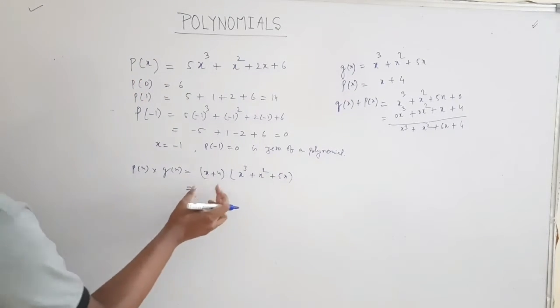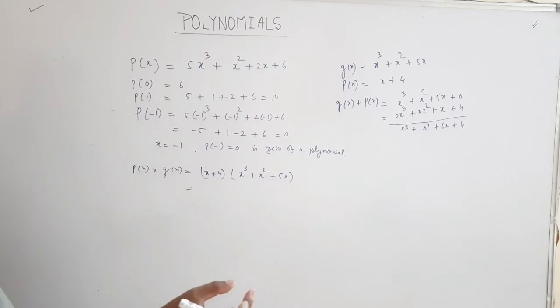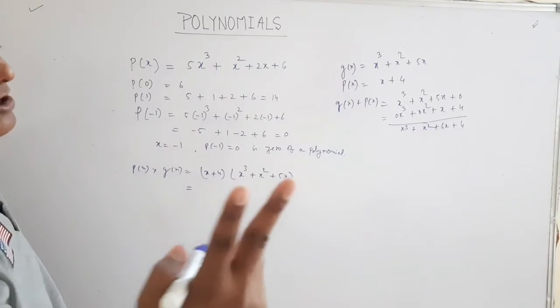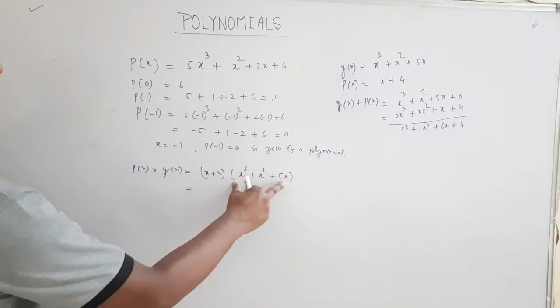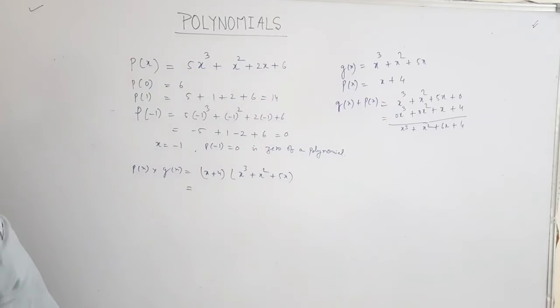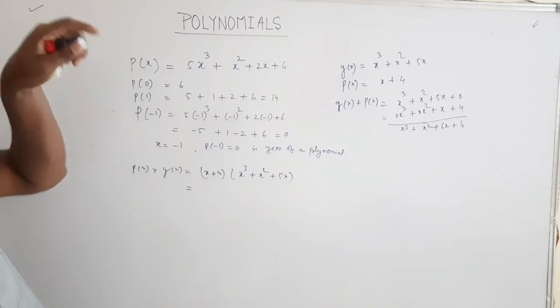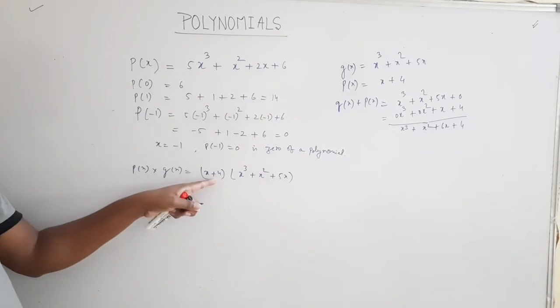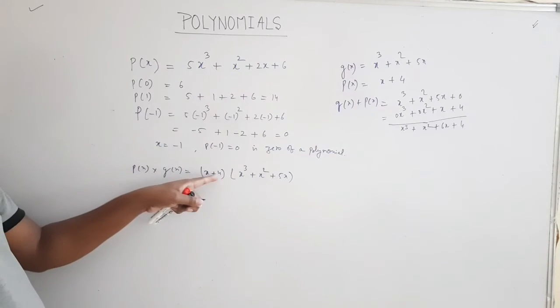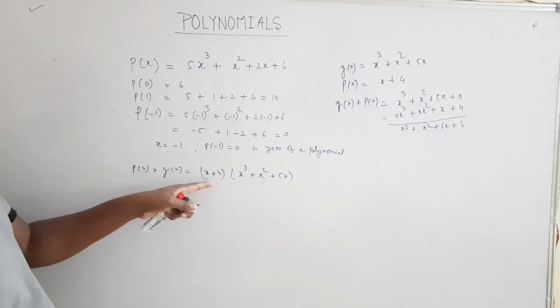Then this is the product of a binomial. Binomial means the expressions which contain only two terms. The binomial, and this is trinomial. And what is this called? Tetranomial, and all these are called polynomials. So binomial is the expression which consists of only two terms, x and 4. So x plus 4 together is a binomial.